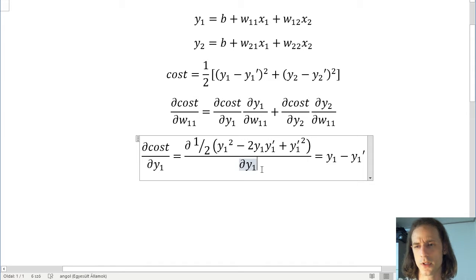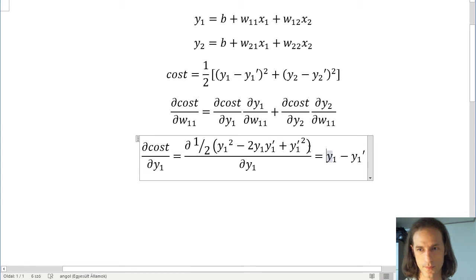And of course, you can figure out the derivative of this is going to be 2 times y1, this is going to be just 2 times y1 prime, and the derivative of this with respect to y1 is 0.